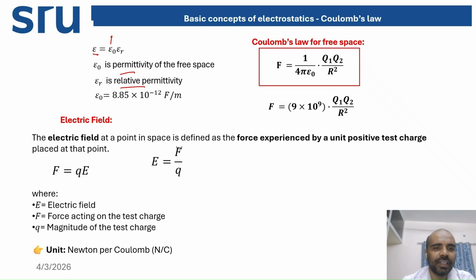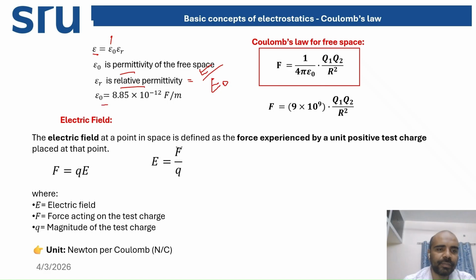So it is a ratio of the permittivity of a medium and the permittivity of free space, or vacuum.